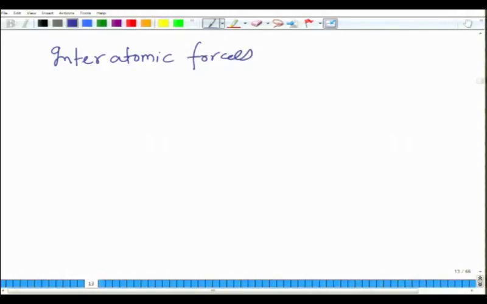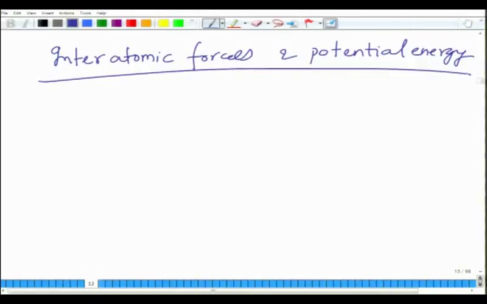I am covering this very fast because this is not the basis of this course, but you must know this, that is why there is a recap of interatomic forces. So, when you bring two atoms together, these atoms are located at a distance r, which is the equilibrium distance. And what is the significance of this equilibrium distance?